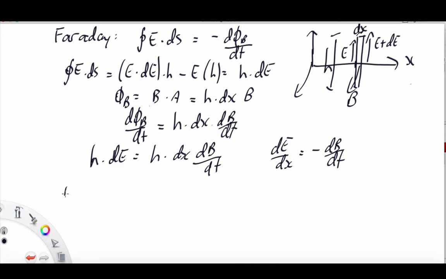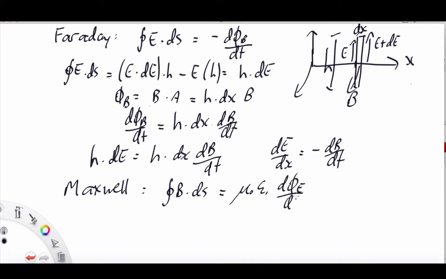In the same way, Maxwell's law says that if there's no current, then the integral of B ds equals mu naught epsilon naught d phi E dt, so electric flux. We could go through it and that will give us a very similar thing: minus dB dx equals mu naught epsilon naught dE dt.